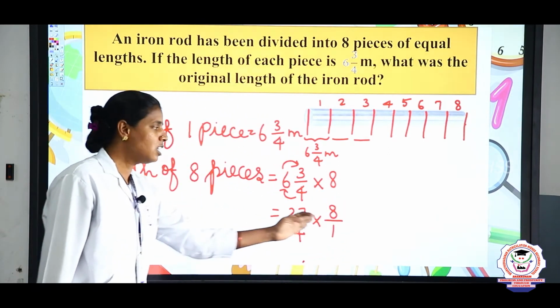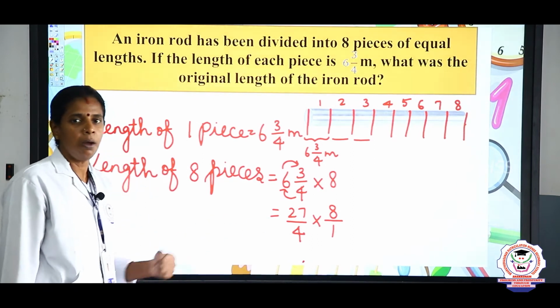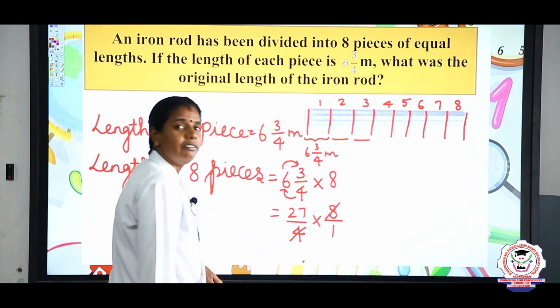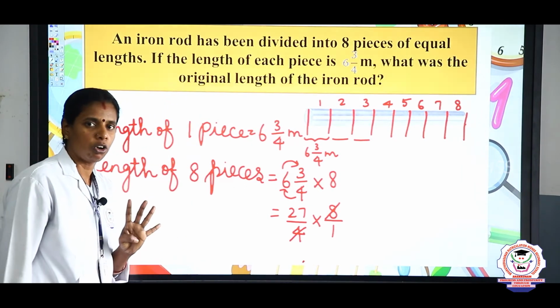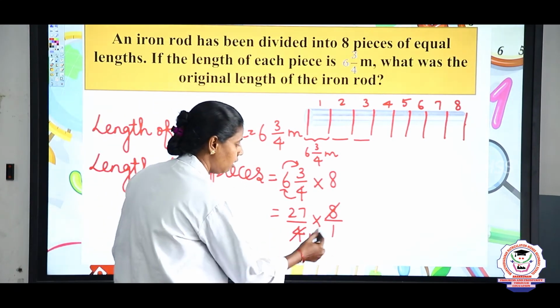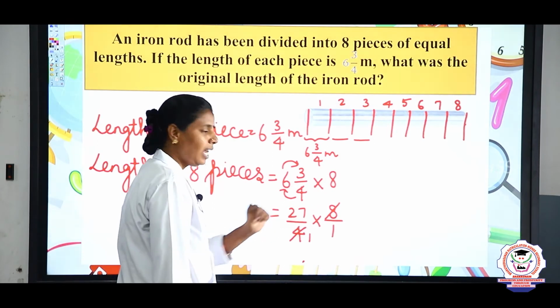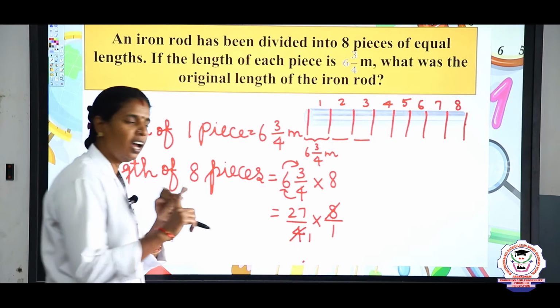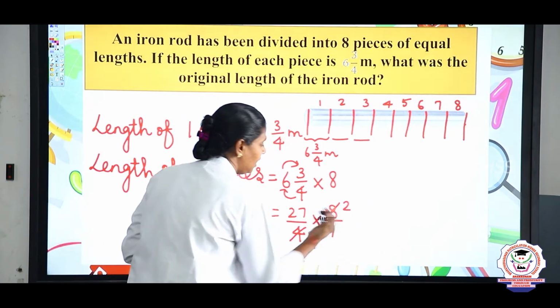Now we can solve these two fractional numbers in the product by cancelling this 4 and 8 which have the common factor of 4. So how many 4s are here? 1 4. How many 4s are there in 8? 4 1s are 4, 4 2s are 8. So 2 times I can cancel.